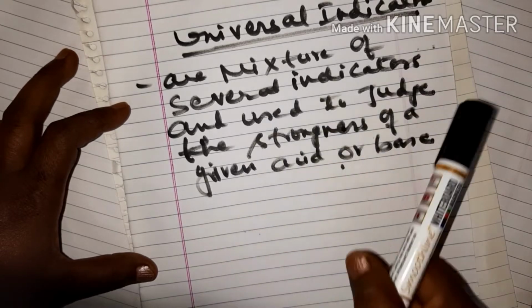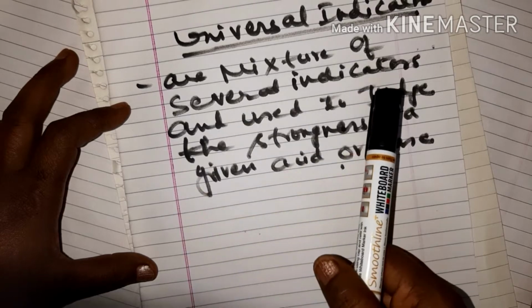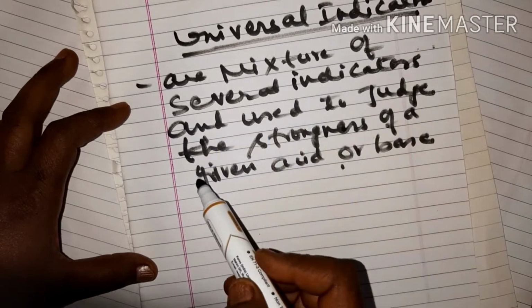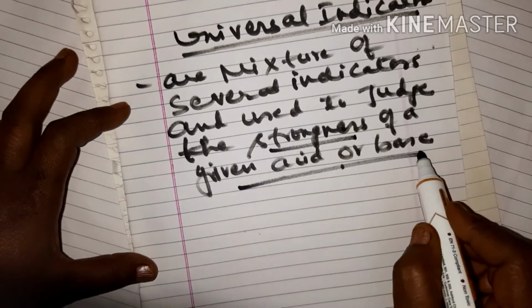So what are universal indicators? They are a mixture of several indicators and used to judge the strongness or strength of a given acid or a base.